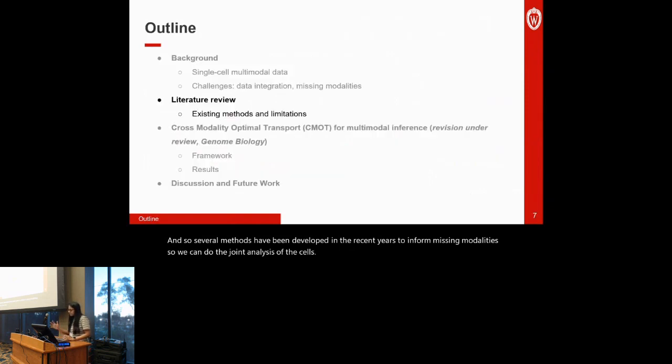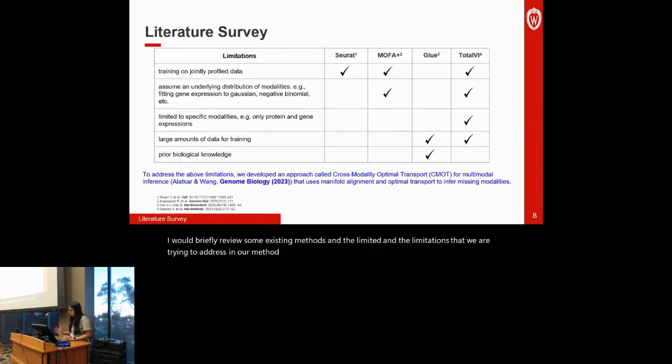I will briefly review some existing methods and their limitations that we are trying to address in our method. Here I look at 4 state-of-the-art methods, Seurat, MOFA Plus, GLUE, and totalVI, that have been developed for integration and modality imputation in single cells. The limitations that these methods pose is that most of them need jointly profiled data for training.